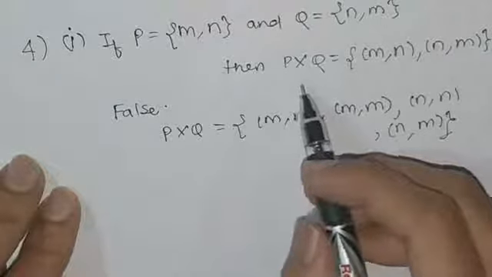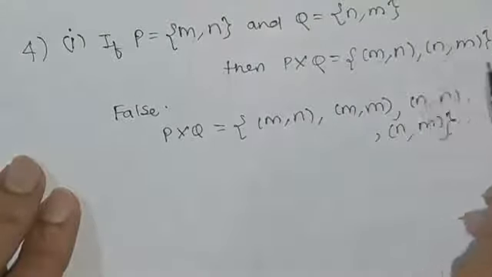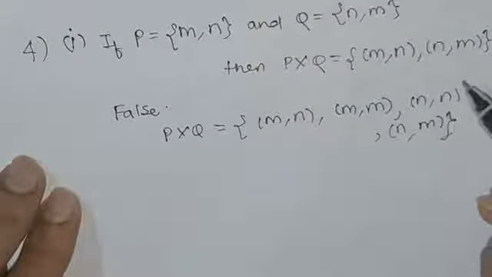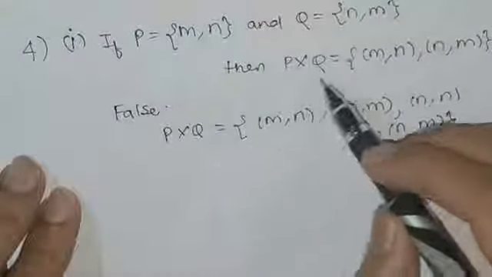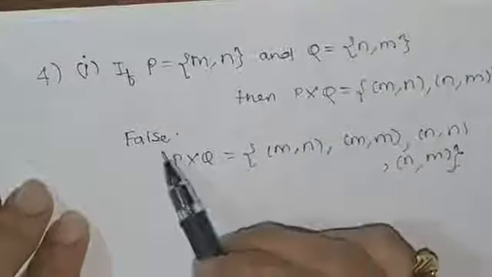And they have written P cross Q as (M, N) and (N, M). These two sets are not equal, so this statement is false.